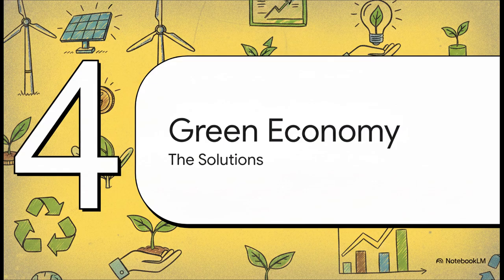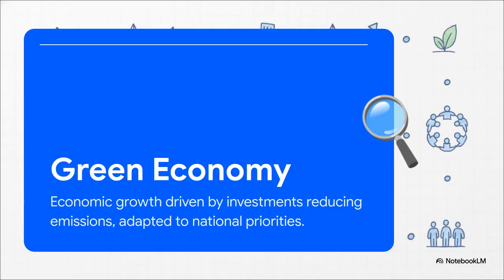Okay, moving on to our final step. Section 4, Pathways to a Green Economy, the Solutions. This is where we get into the actual operational strategies happening on the ground to combat the crisis. We hear the term green economy constantly, right? But what does it actually mean? Interestingly enough, the Rio +20 outcome document noted that it actually lacks a single universal definition.